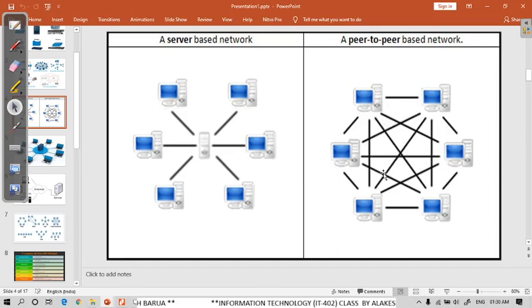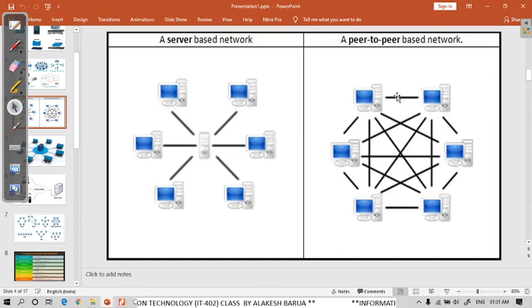So number one, peer-to-peer: no central computer. Server-based: yes, there is a central computer. Second, the computers are interconnected together. The terminals behave both as a client and a server. Here, terminals behave only as clients, and the server behaves as a server.